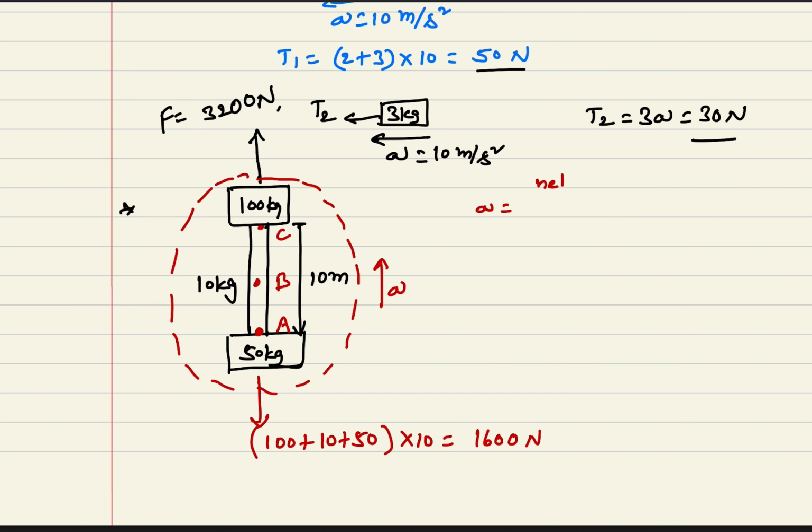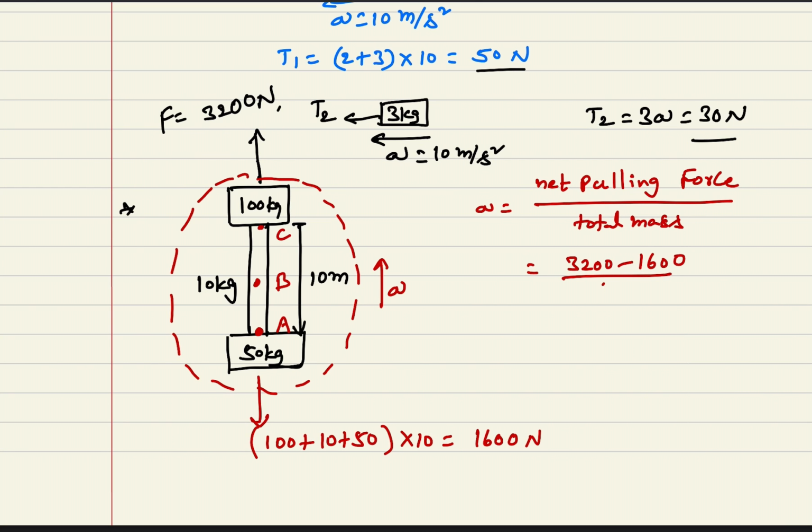Again I will write a is equal to net pulling force divided by the total mass. The net pulling force is 3200 minus 1600, divided by the total mass 160. So I will get 1600 by 160, which is 10 meter per second square, my acceleration.